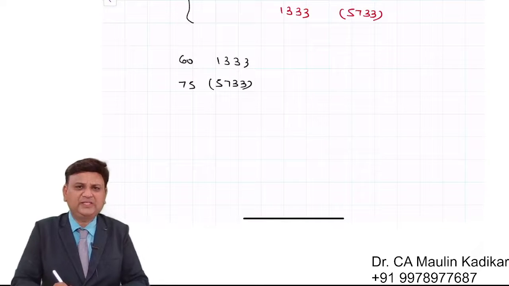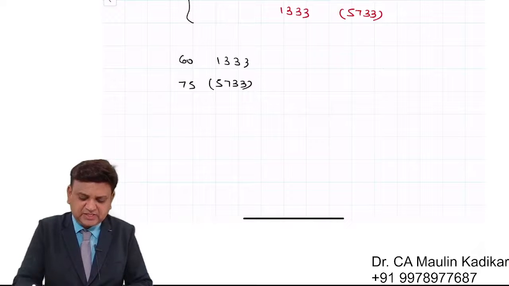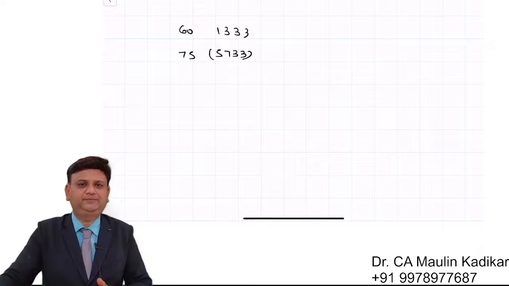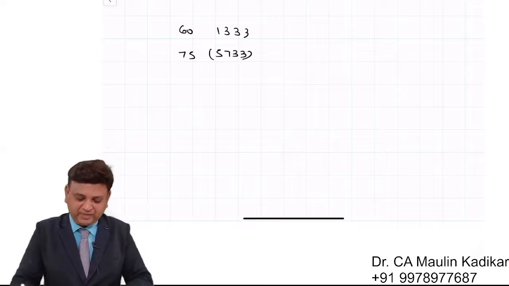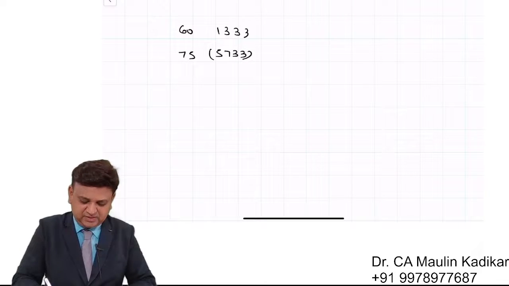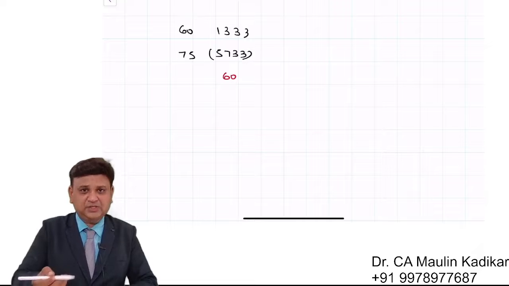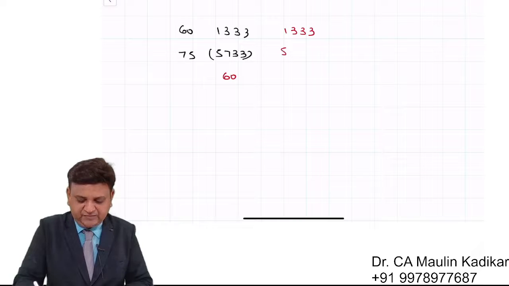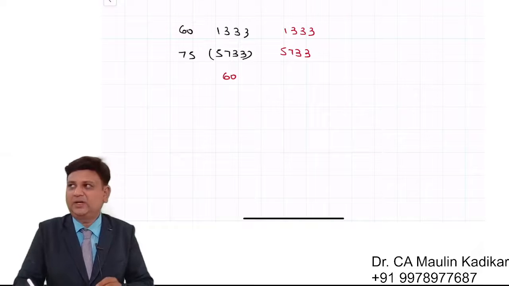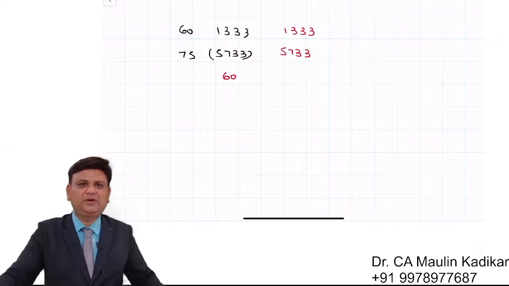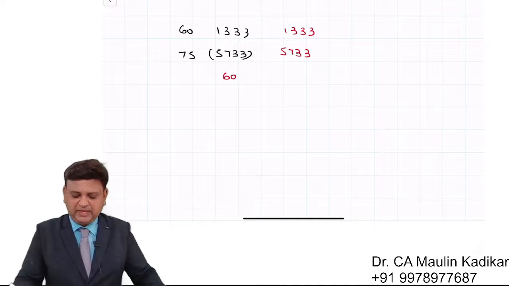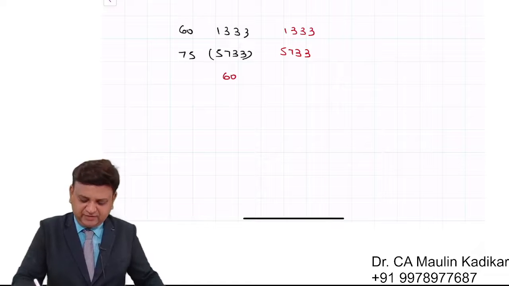I want you to write in the chat box which credit period we will offer, 60 or 75. Answer will be of course 60 days. Suppose the profits are 1,333 positive and 5,733 positive. Which credit period will we offer, 60 or 75? In that case we would suggest the 75 days period.